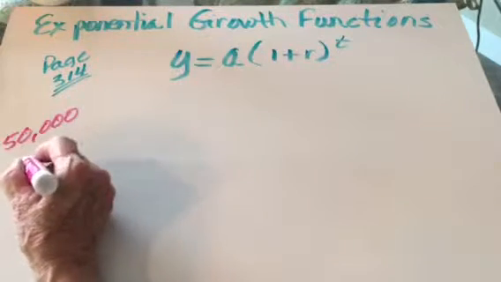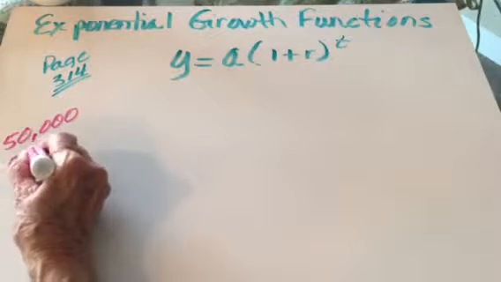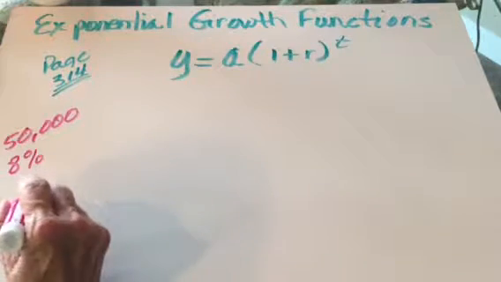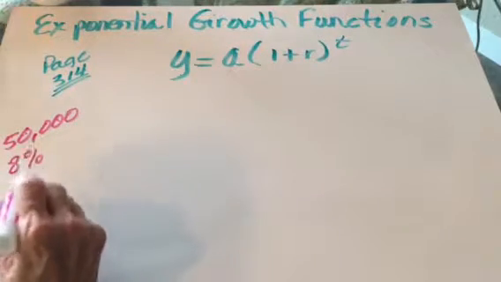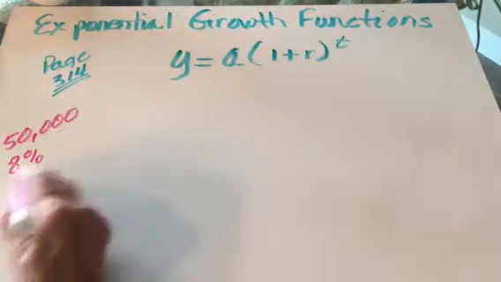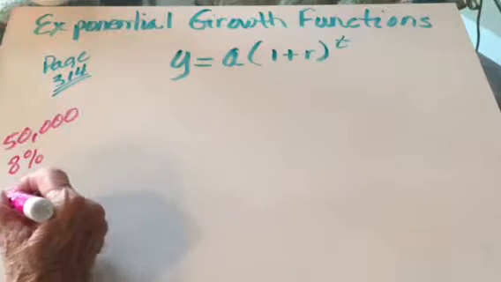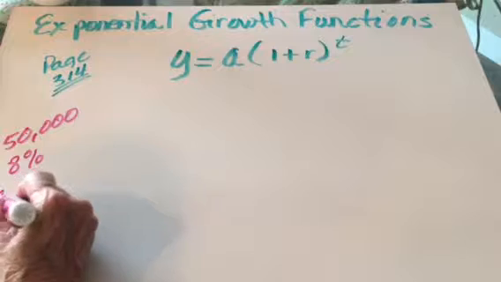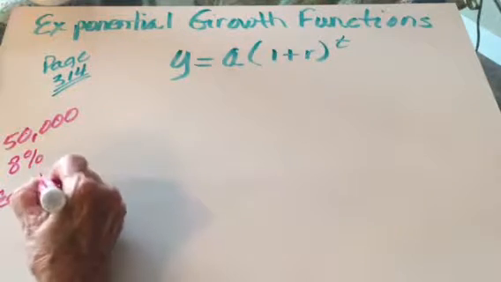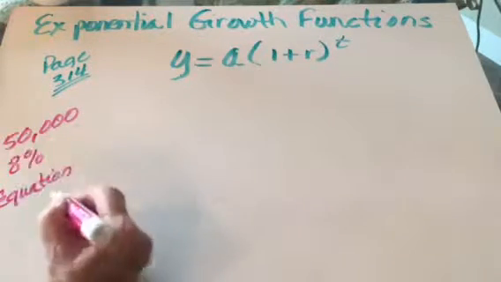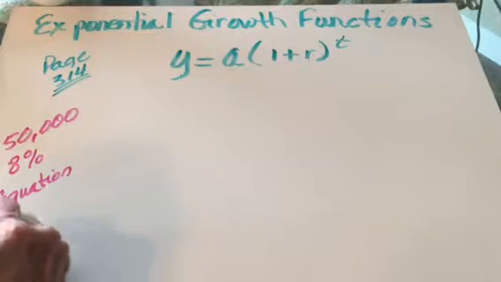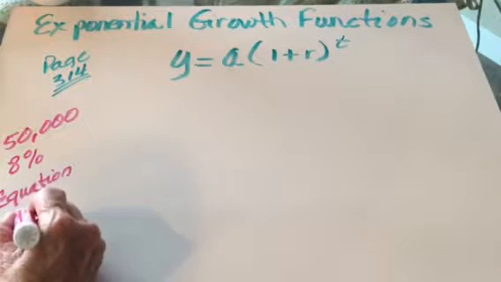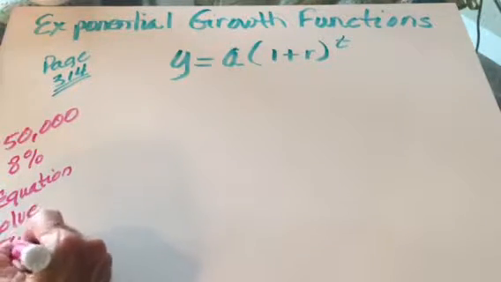But they're expecting an 8% increase every year. And so what they want you to do, number one, is write an equation that models this problem, and then they want you to solve it when there's 5 years going on.